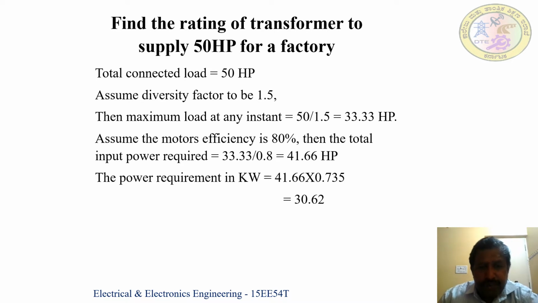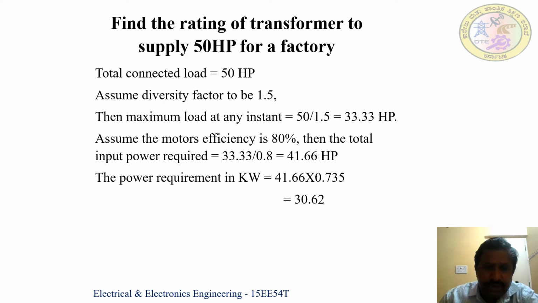Here, the maximum load at any instant equals 50 divided by 1.5, that is 33.33 HP. It is the motor output. We have to consider the motor input requirement. So then we have to consider the motor's efficiency. The normal assumption is 80%.